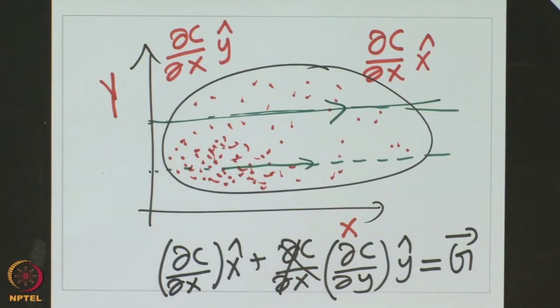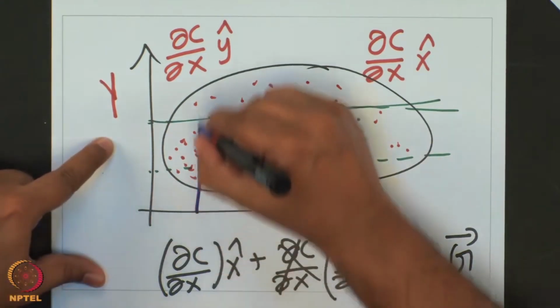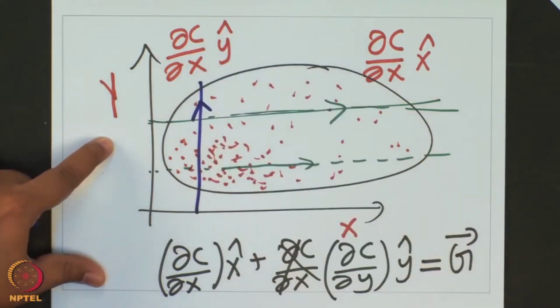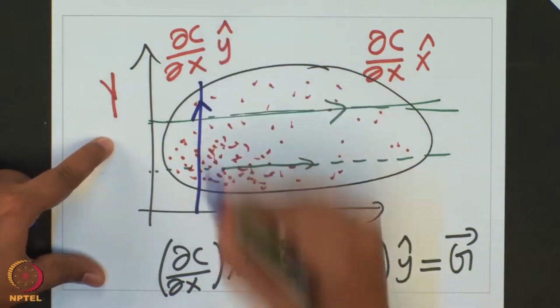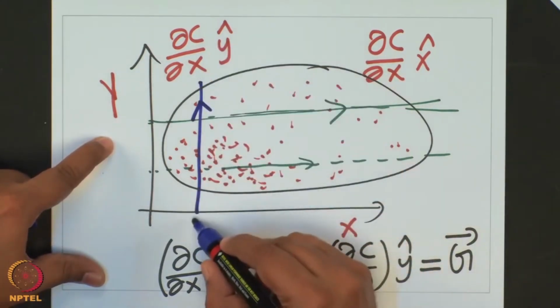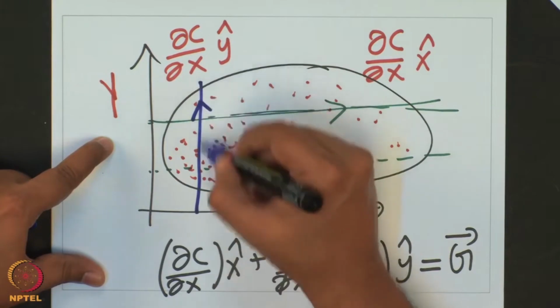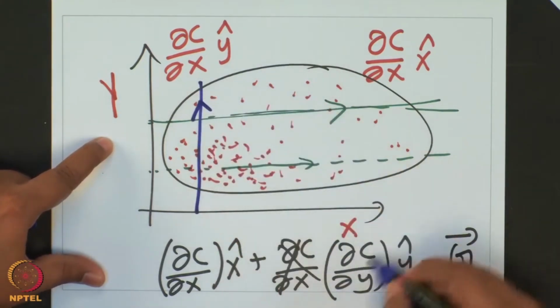This gives, for a given x value, how the concentration changes along the y-axis. So keep this x value, I go along this line, how is the concentration changing is del C by del y, and the direction is y cap.